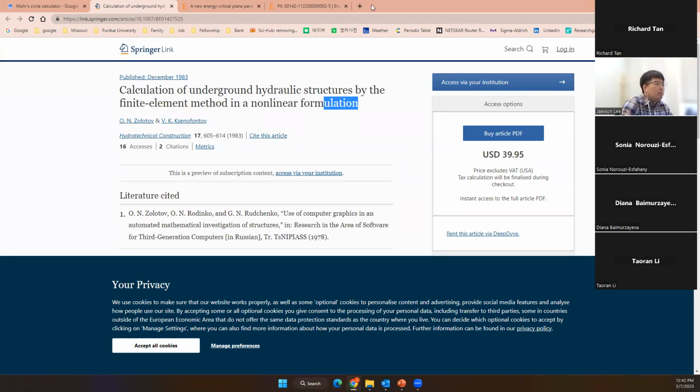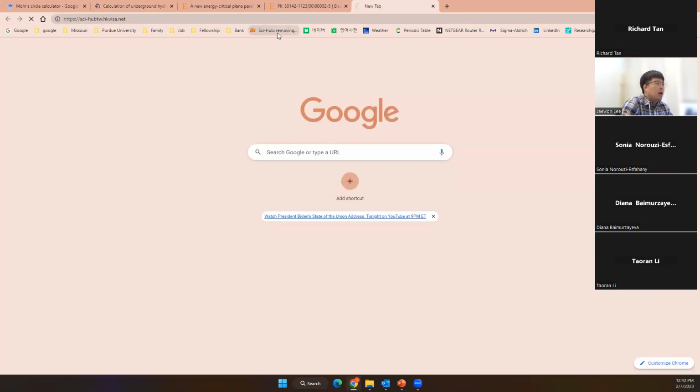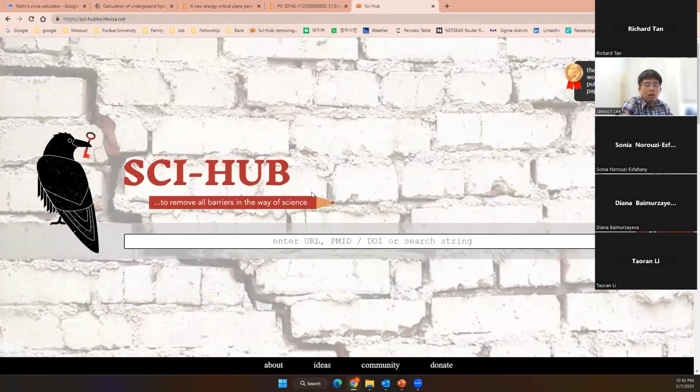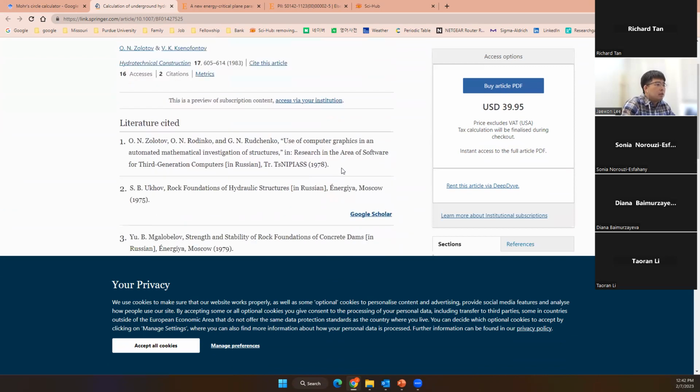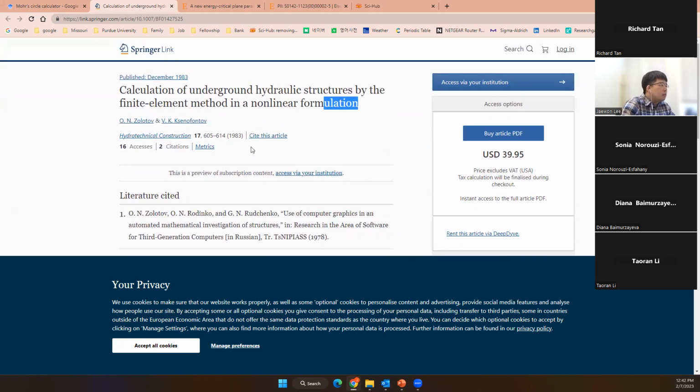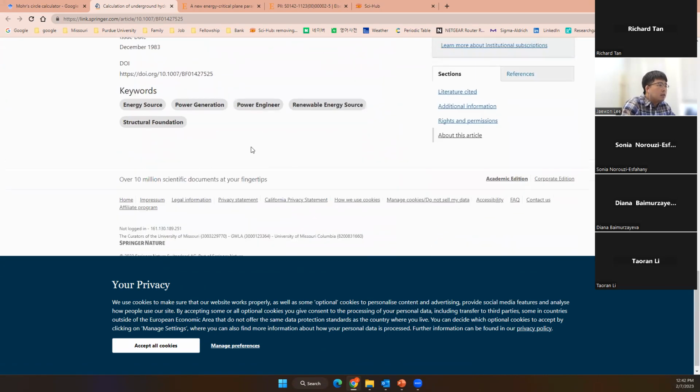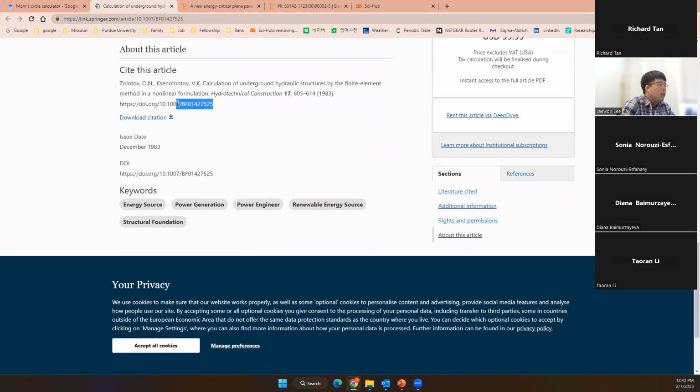So please use SCI Hub. At the time, just try to find the DOI and copy it onto this part. Don't copy the DOI.org part.